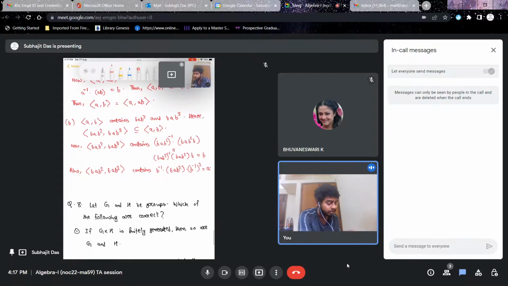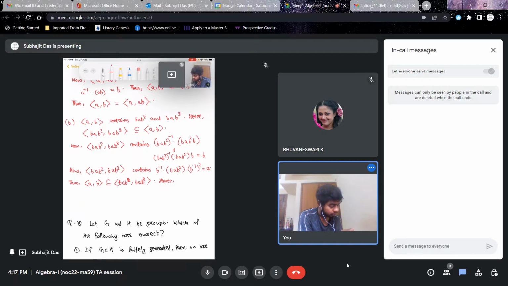It is the subgroup generated by A and B. Thus, the subgroup generated by A and B is contained in the subgroup generated by BAB square and BAB cube, right? Hence, you are done. Hence, the subgroup generated by A and B is precisely equal to the subgroup generated by BAB square and BAB cube.